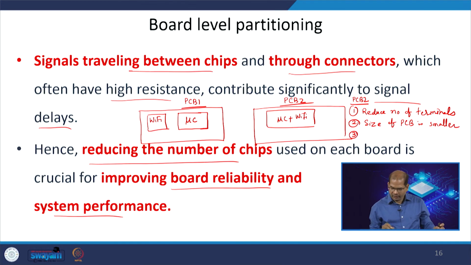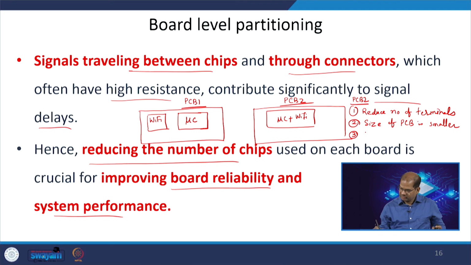Since I am using one chip for the overall implementation, the speed of the design is improved. These are the advantages of PCB 2. And what is the limitation? The cost will be a little higher.